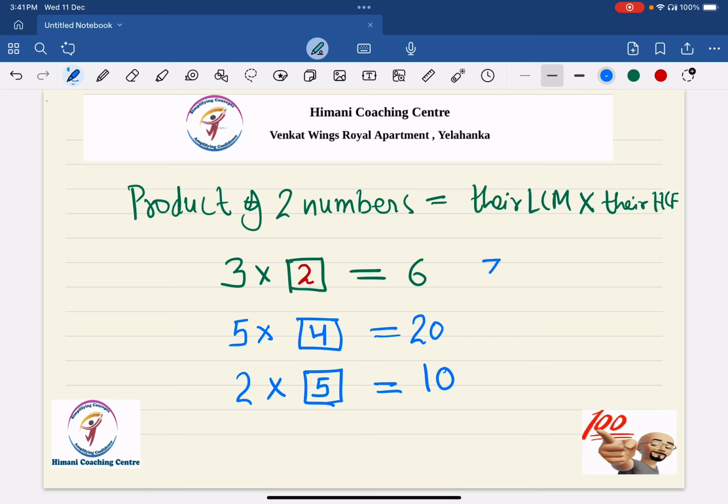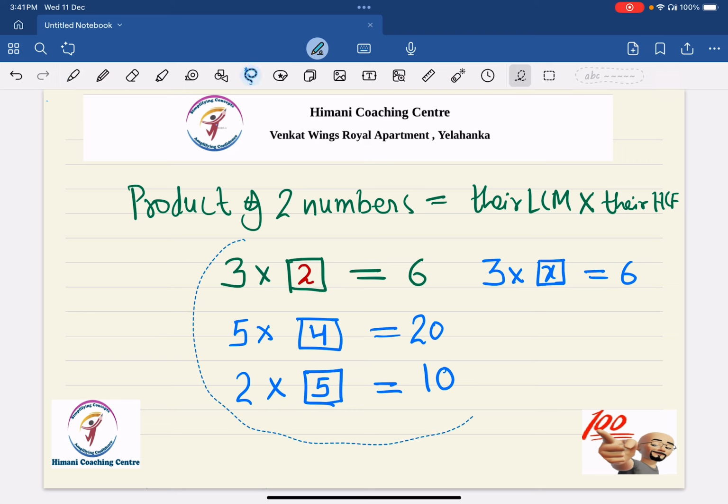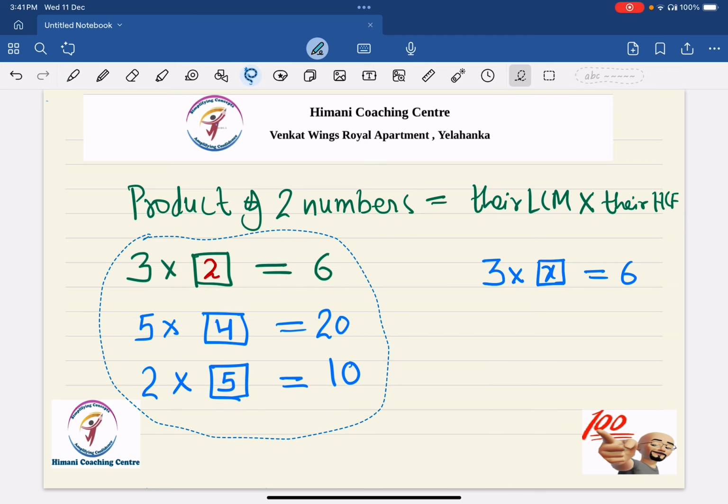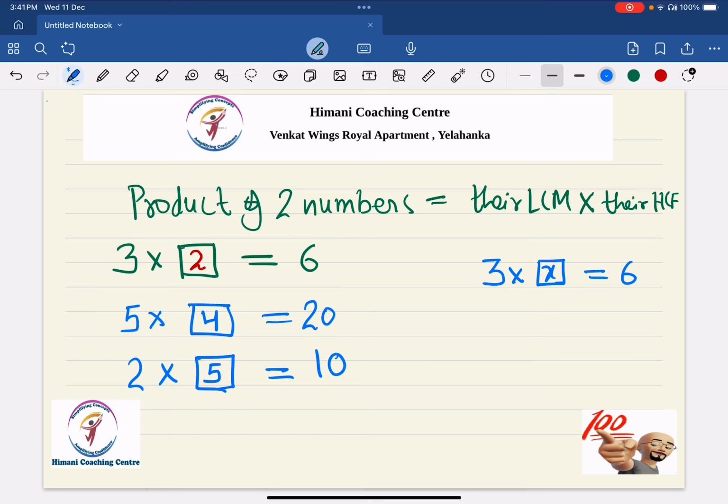So let us say I have to find the missing number. So this is the missing number x. We want to find that, and that is equal to 6. Now for this kids, you have to remember what are reciprocals. Okay, what are reciprocals? So when I say reciprocal of 3, it would be just 1 divided by 3.